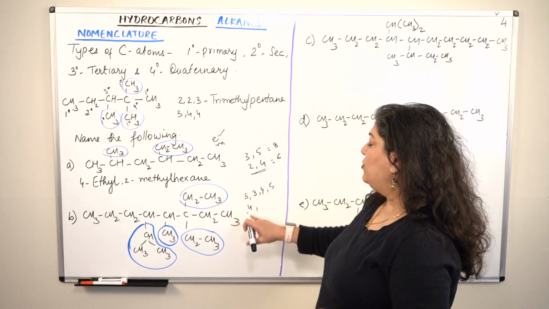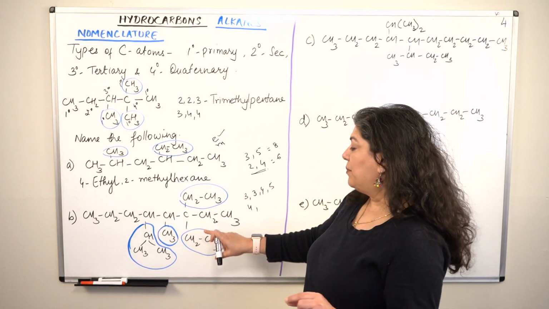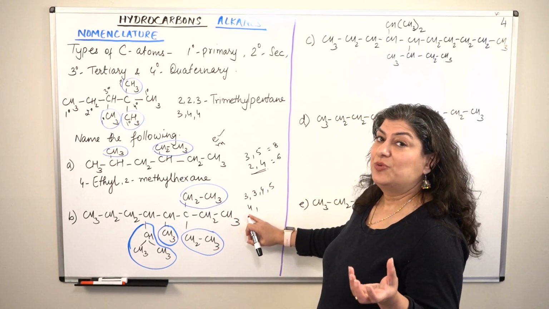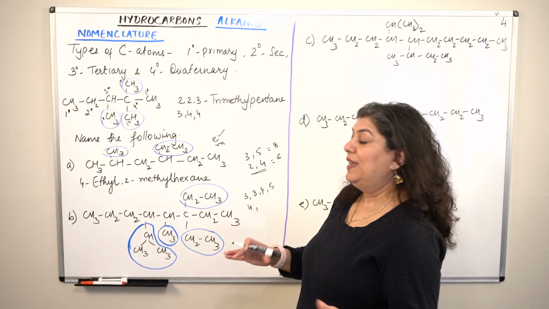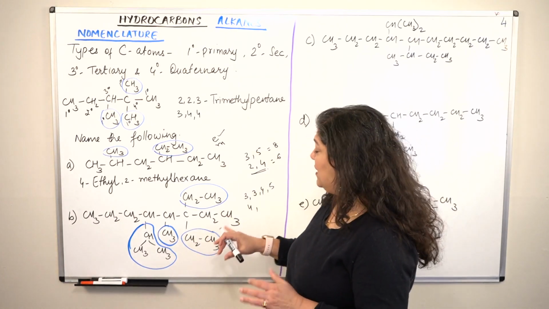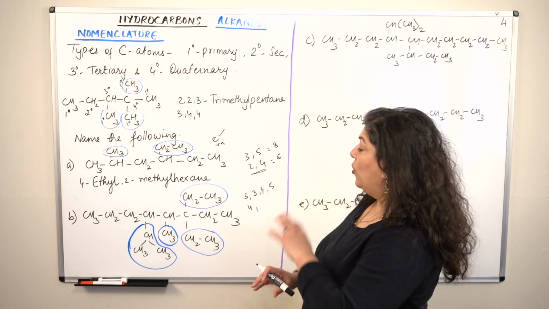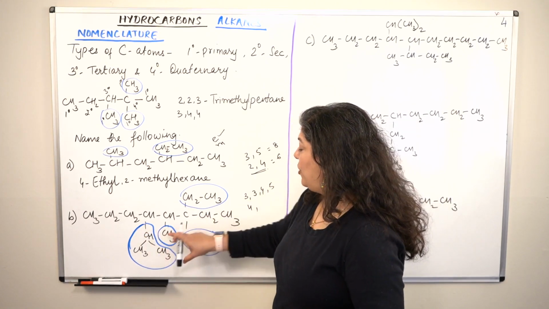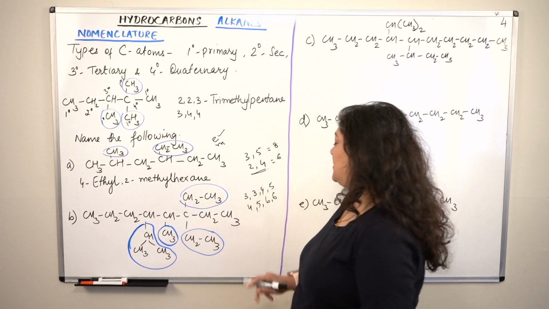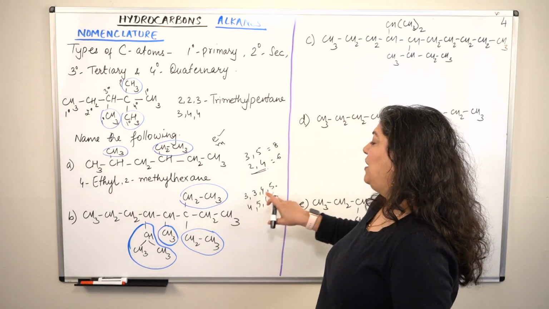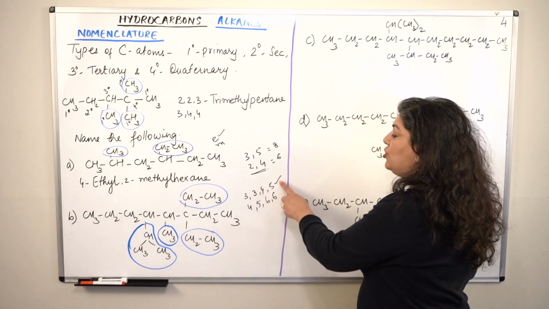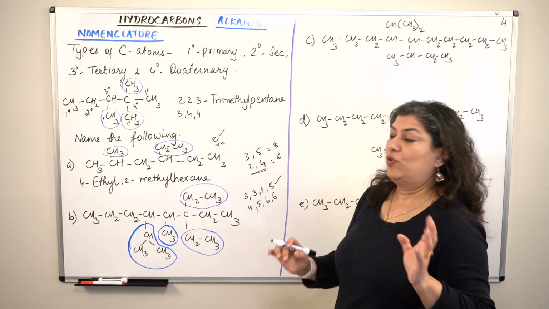And usually, when you start from the side where you get a lower number for one of the substituents, that usually gives away that this is going to be the side from which you will be counting. Yet you will always find out the sum of all the locants. So this is 4, this is 5, and this is 6 and 6. 4, 5, 6, 6 versus 3, 3, 4, 5, which is smaller? Obviously this one. So I will choose the locants to be 3, 3, 4, 5.